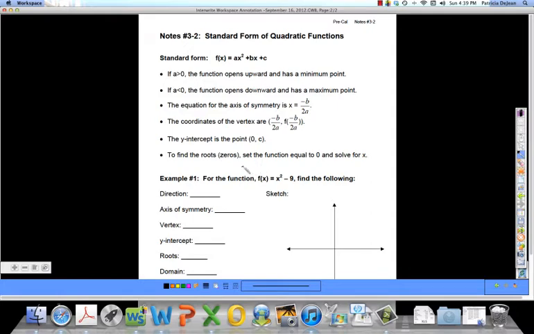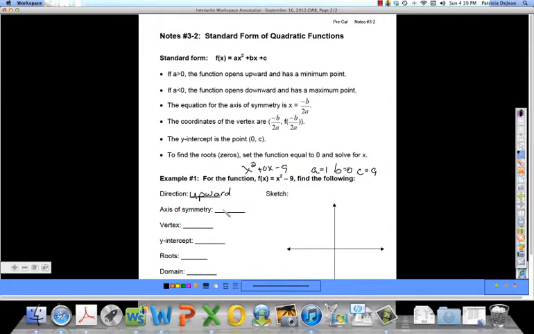So I could rewrite that as x squared plus 0x minus 9, because there's no middle term. In other words, a is equal to 1, the number in front of the x squared term, b is equal to 0 because there's not an x term, and c is equal to negative 9. So the direction this goes: this x squared is positive, and so it points upward.